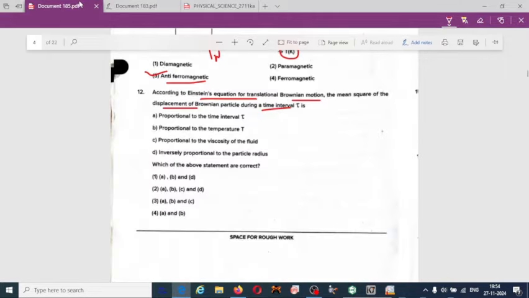From the given equation, we can see that it is proportional to time interval, proportional to temperature, and inversely proportional to the particle radius. So these 3 are correct, but it is inversely proportional to viscosity, not directly. So here the first option is correct, A, B, D.